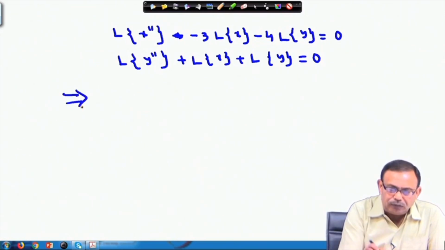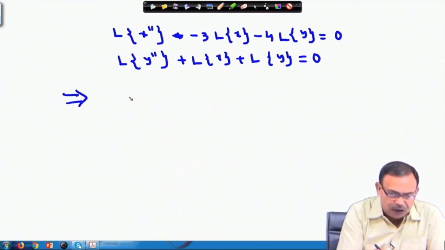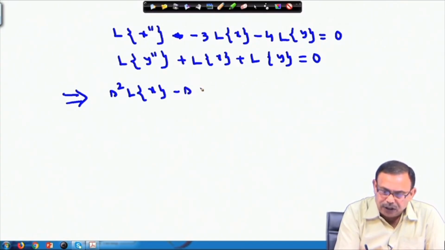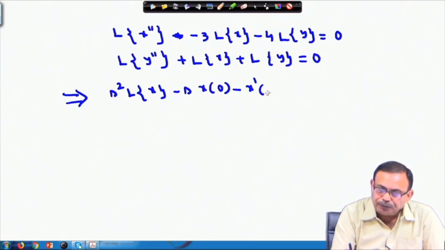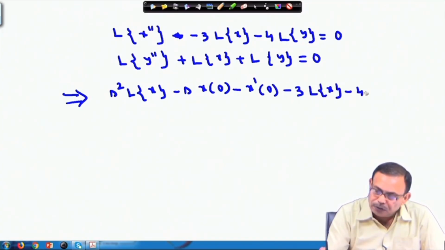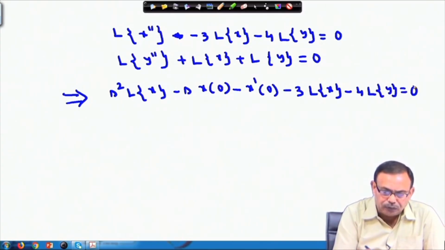So, for the first equation, the Laplace transform of x double dash is s square Laplace transform of x minus s into x(0) minus x dash(0), minus 3 into Laplace transform of x minus 4 into Laplace transform of y, this is equal to 0.